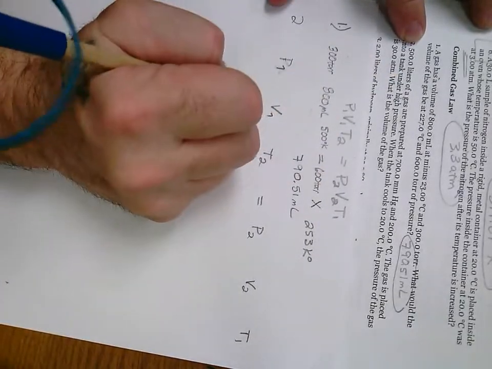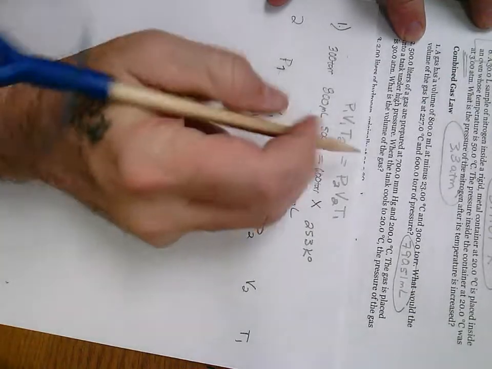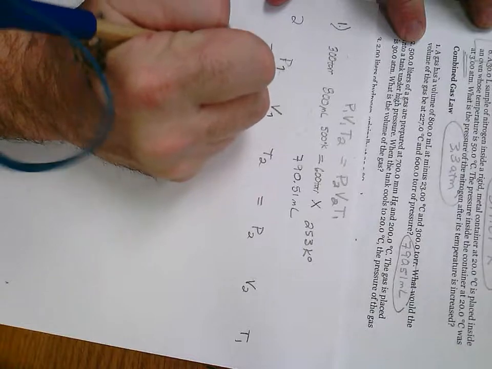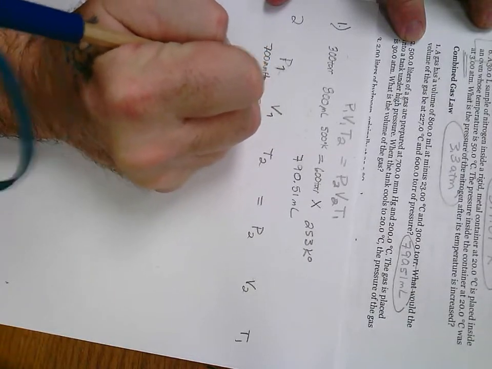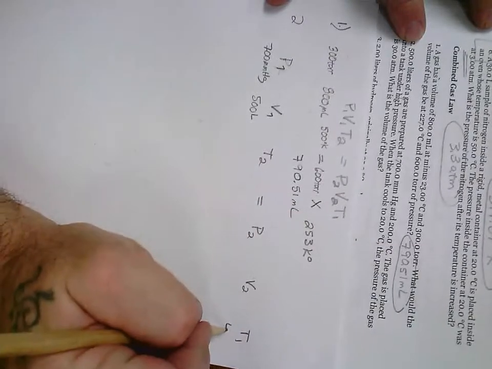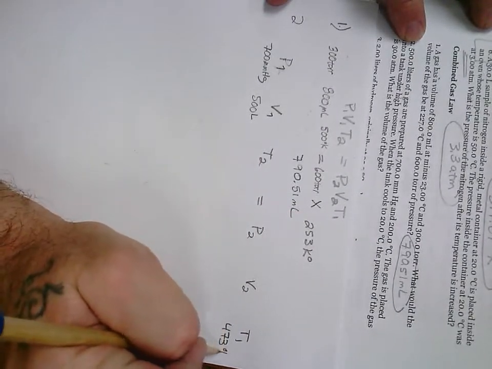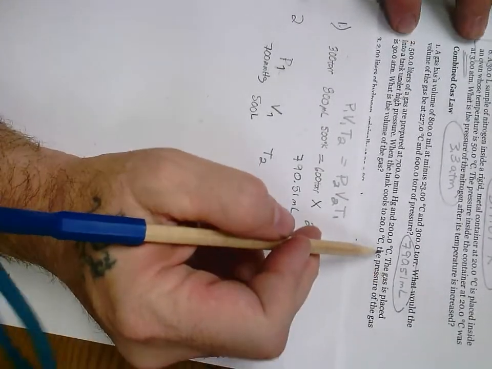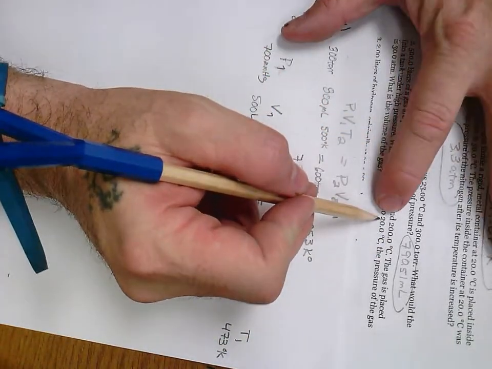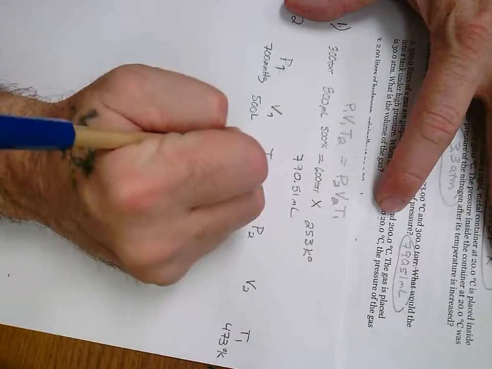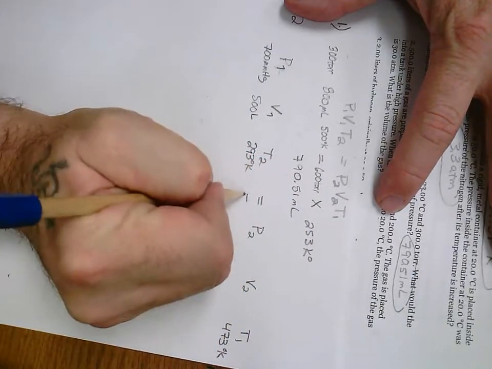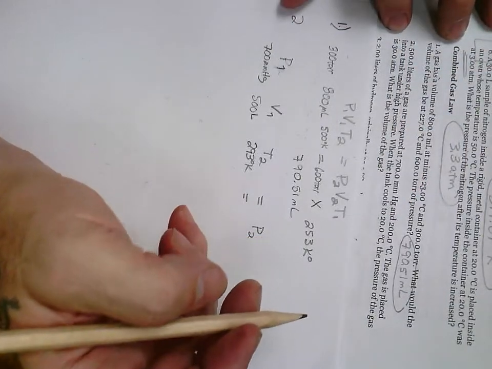I'm going to use that as my volume 1. 700 millimeters of mercury. That's the pressure. 200 degrees Celsius, so that's 473. That's my T1. Gas gets placed into a tank under high pressure. When the tank cools to 20, 273 plus 20 is 293. So that looks like that's my T2. The pressure of the gas is 30 atmospheres.